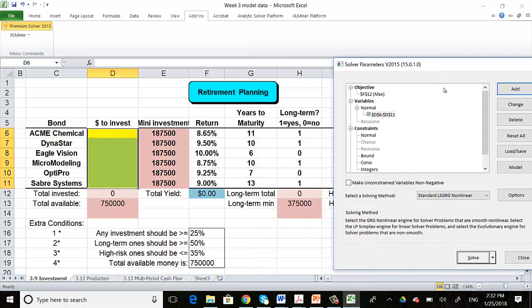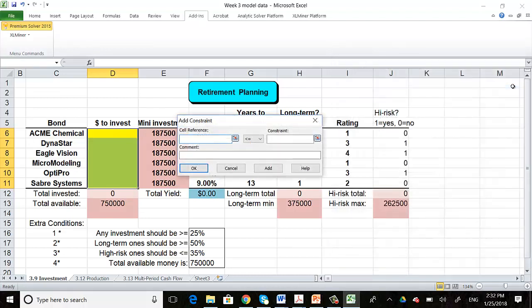And then we're going to take care of all the constraints. Okay, we'll start from here. Any investment should be greater than or equal to 25%. So left hand side, the decision variables greater than or equal to right hand side. Okay, so we're going in this order.